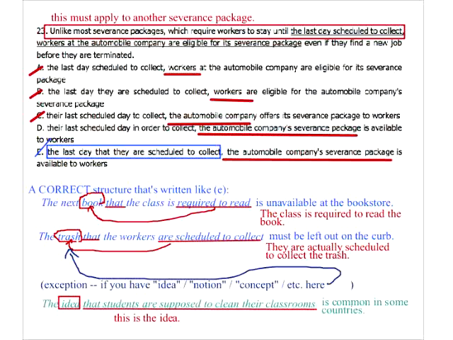But if you have a concrete word like book or trash, that something is doing, then that's the object of the action. The book that I read, I'm reading the book. The date that I planned, I planned the date. The next book that the class is required to read, the class is required to read the book. So this one doesn't have that problem.